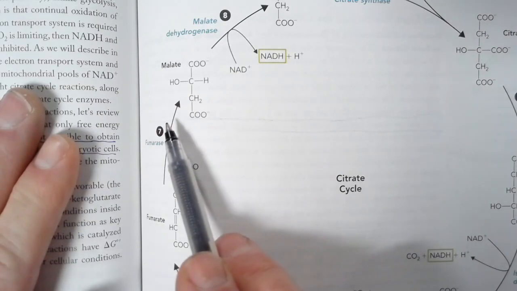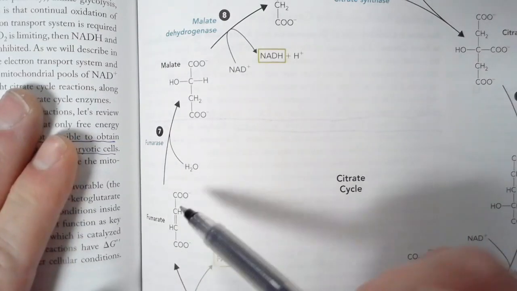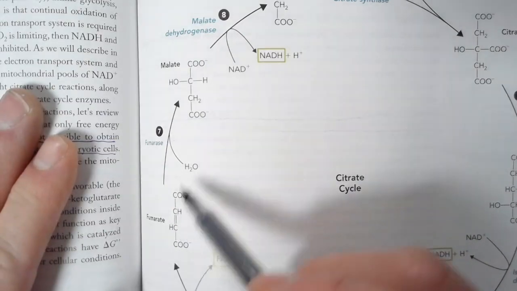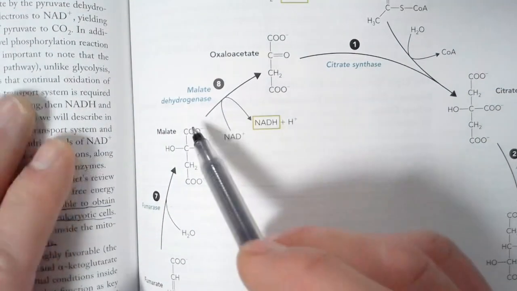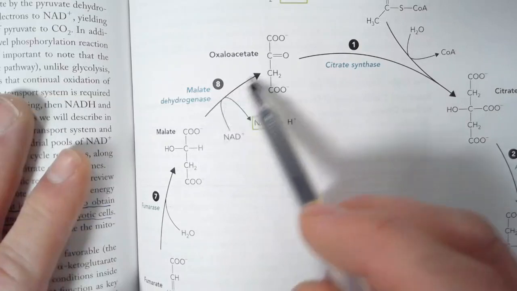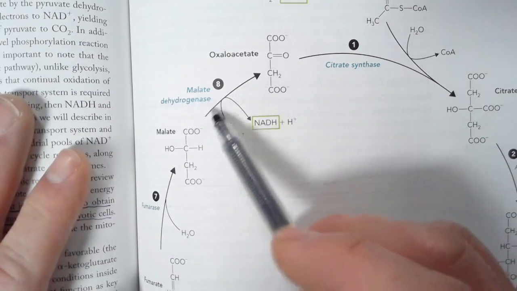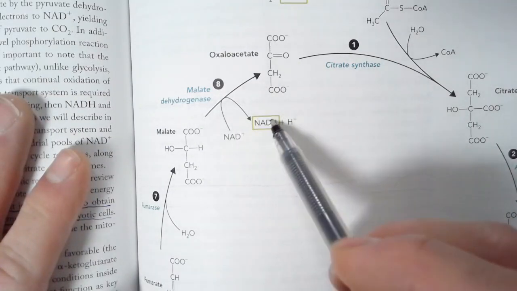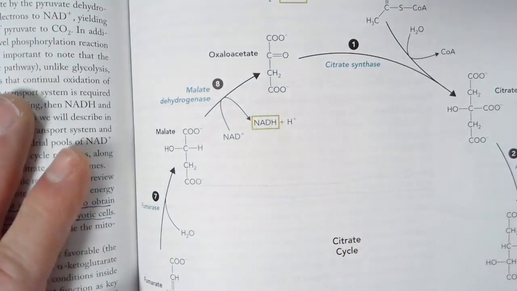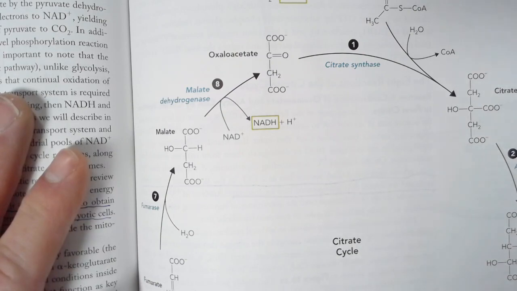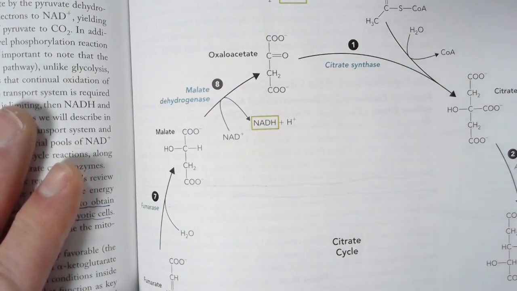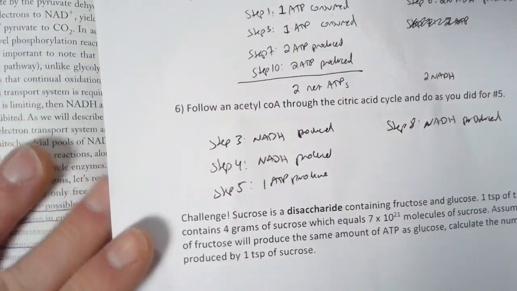Just a water comes in and is going to hydrate this alkene. For malate, step 8, final step of the citric acid cycle, NAD comes in and gets reduced to NADH. So step 8, NADH is produced. And that is how you figure out the number of NADHs and ATPs produced in the citric acid cycle.